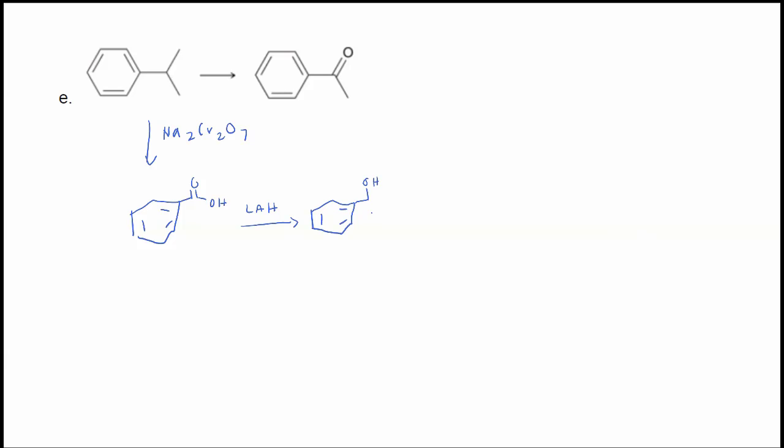We're still missing a carbon here, but that's okay. You could oxidize with PCC to the aldehyde, and then add a Grignard. We just want to add one carbon.